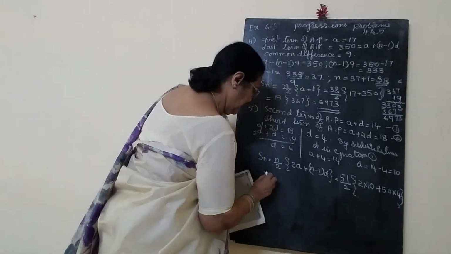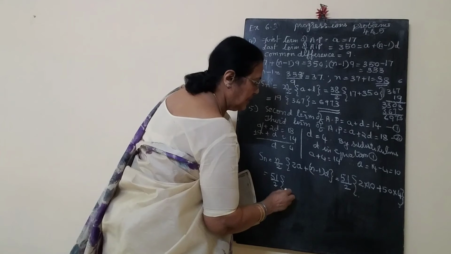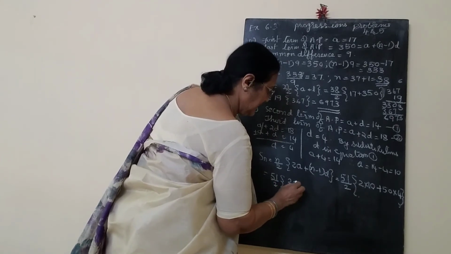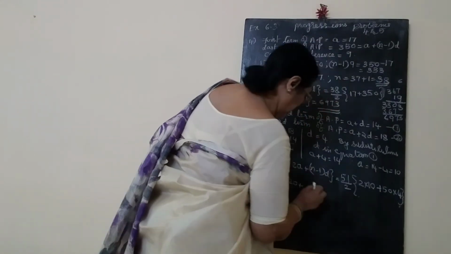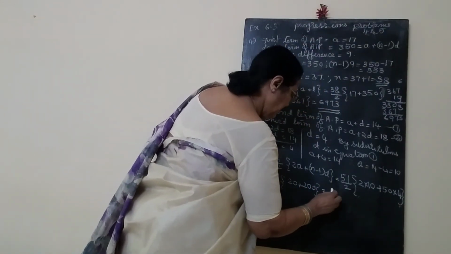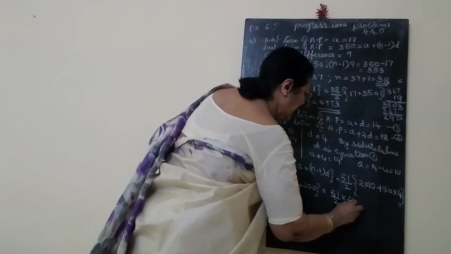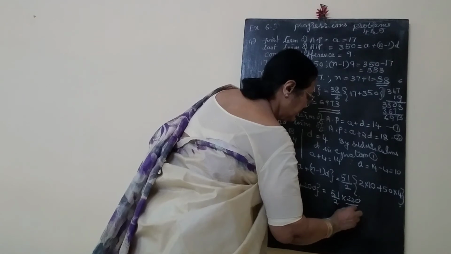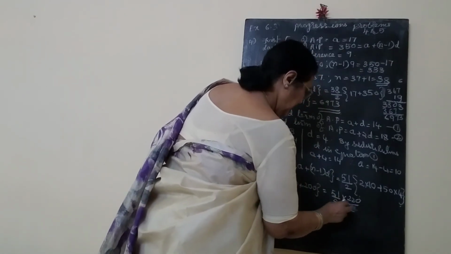So that is 51 by 2 into 20 plus 4 into 50, 200. That is 51 by 2 into 220, and 220 by 2 is 110.